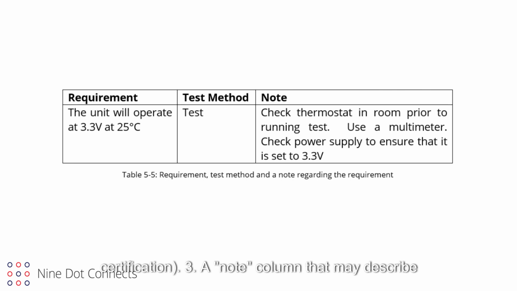A note column that may describe what equipment will be used, the organizations that may perform the test, the need to create test equipment, accommodations to the PCB, etc. Therefore, if special connectors or clearances are needed for test, the specification should capture this information. The example provided here shows a requirement along with the test method and note regarding the requirement.